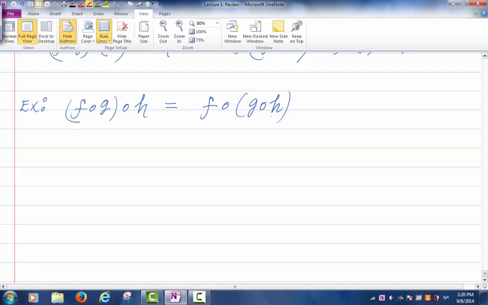So I can take the composition of g and h first and then take the composition with f, or I can take the composition of f and g first and then take the composition with h. They are the same. Okay?